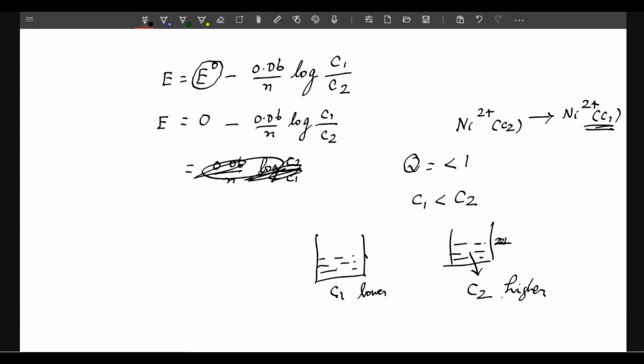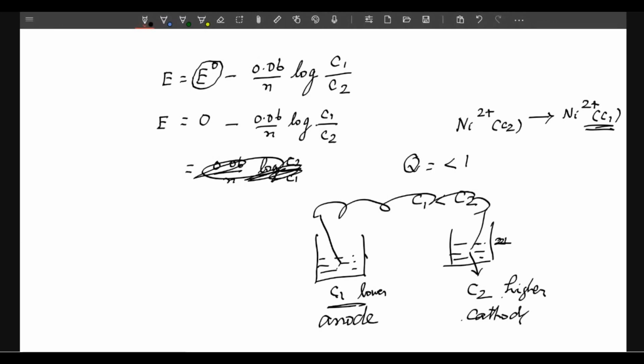In this electrolyte concentration cell, the electrolyte which is lower in concentration is the one from which electrons move to the other. Therefore, lower concentration electrolyte would form the anode, higher concentration would form the cathode.